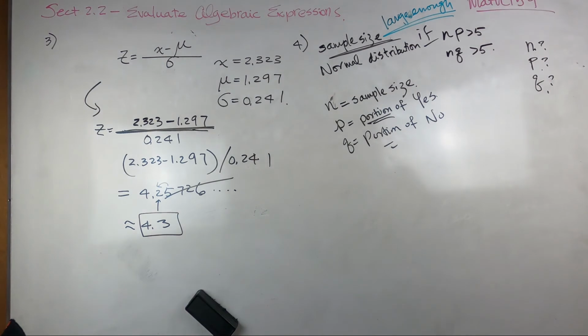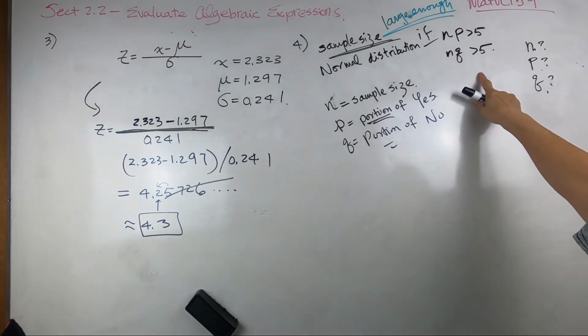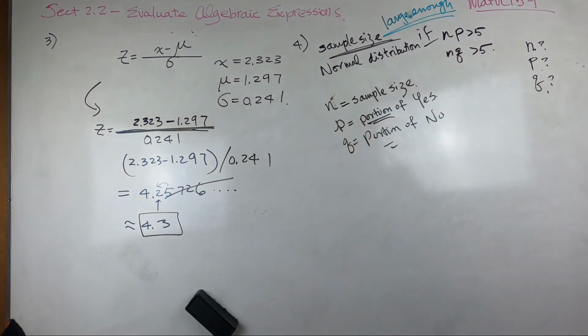You have no idea what we want it large enough for, to use normal distribution, if this condition happens, right? Then NPQ are those things. Then a survey was given to 59 persons.